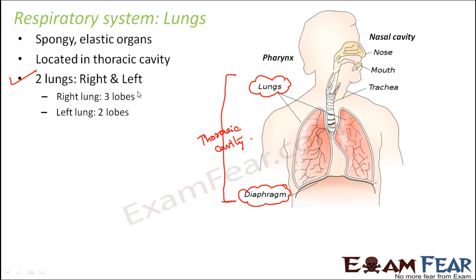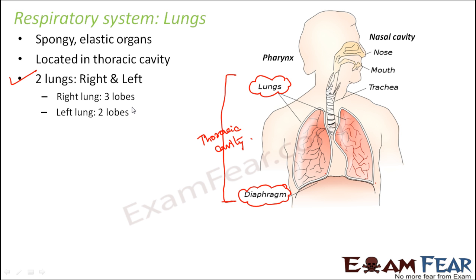Now, if you look at the internal structure of each lung, you will see that the lung is further divided into lobes. If you closely look at the right lung, you will see that it is divided into three lobes. What are lobes? Lobes are like compartments.